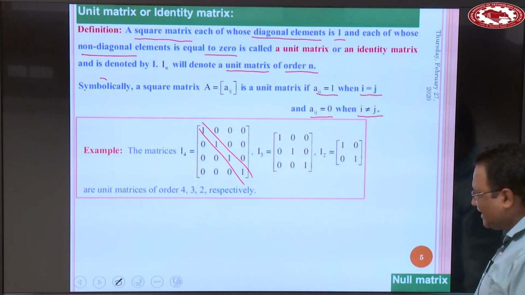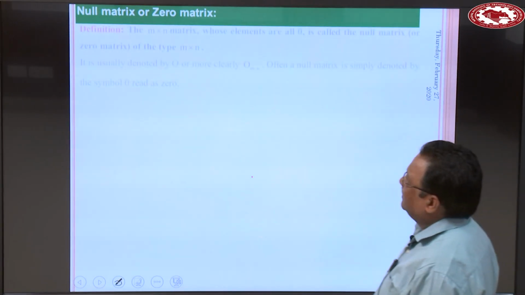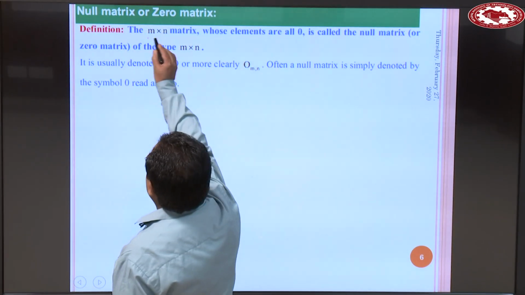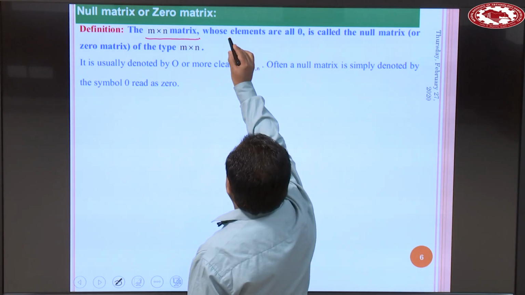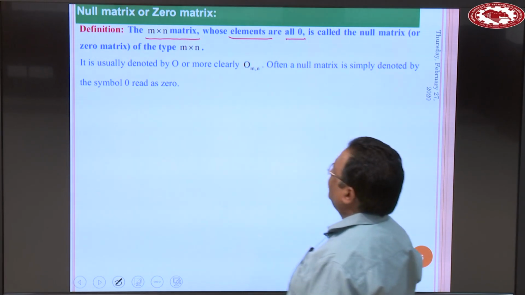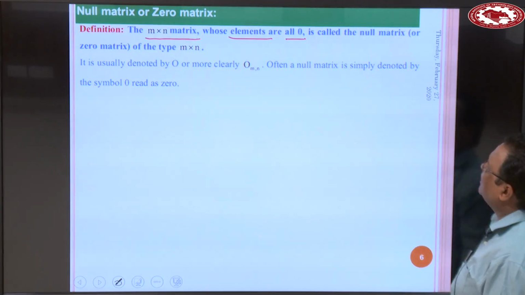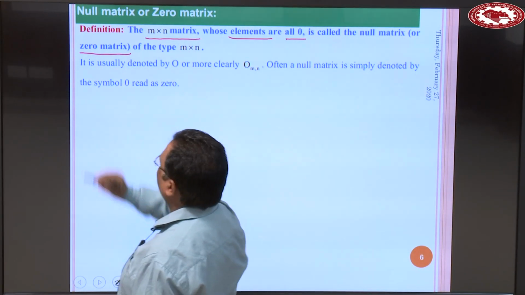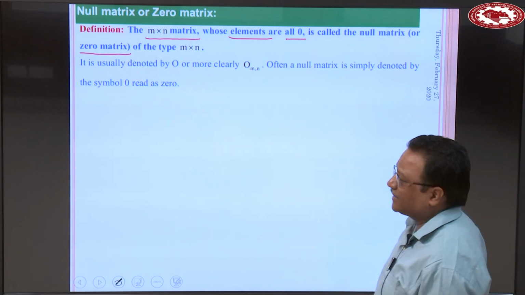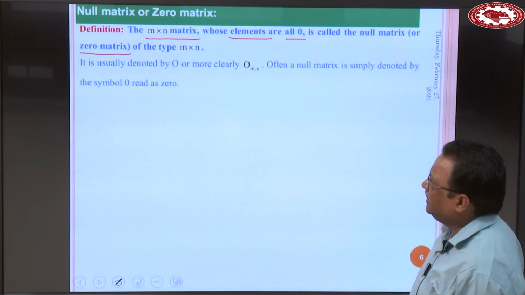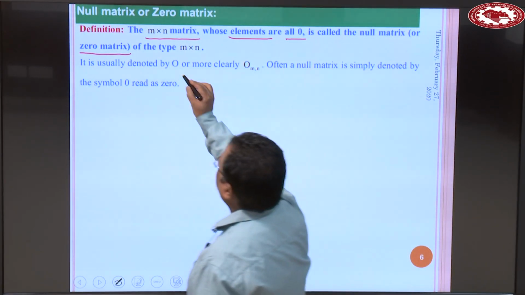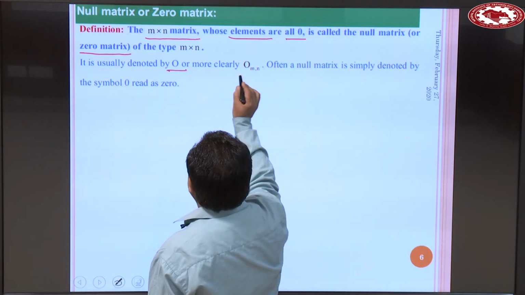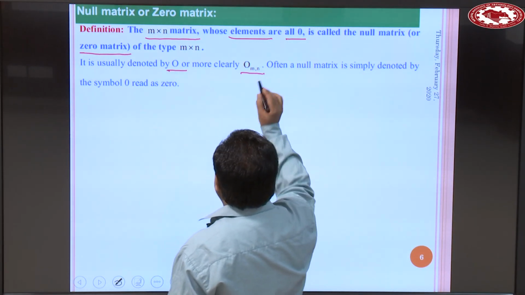Next definition: what is a null matrix? The m by n matrix whose elements are all 0 is called a null matrix or 0 matrix. So, this null matrix is also known as the 0 matrix of the type m by n. It is symbolically denoted by capital O, or more clearly by O m by n.